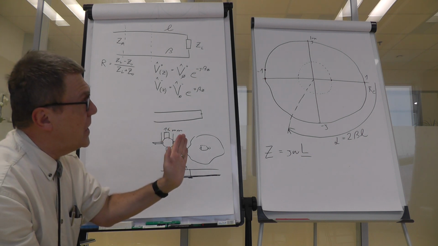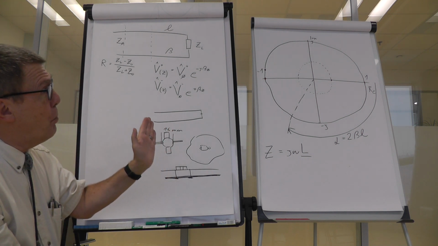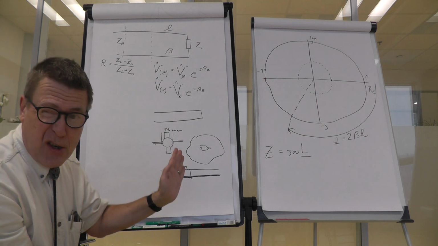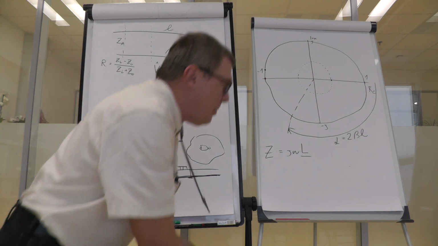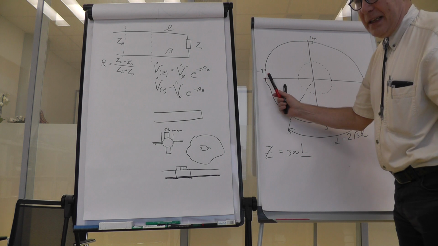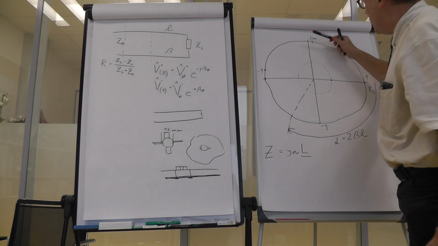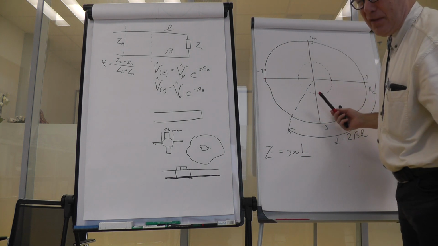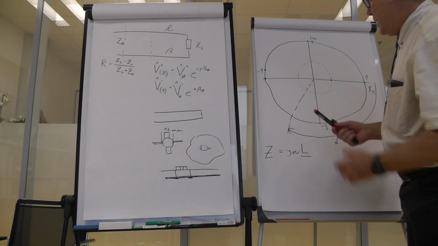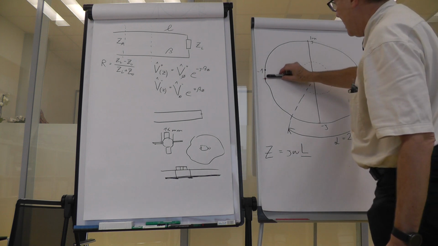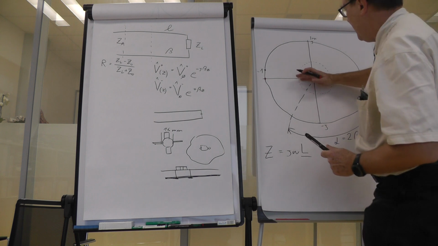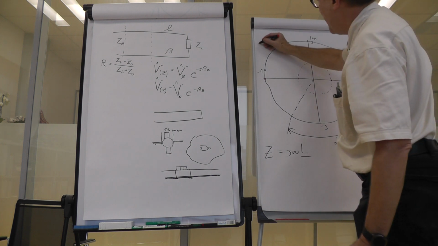We have a chart with all possible values of reflections. Those reflections may range between plus and minus 1 in the real part, and between j and minus j in the imaginary part. If we watch that, this is j omega L, so anything which is over the real axis is somehow inductive.